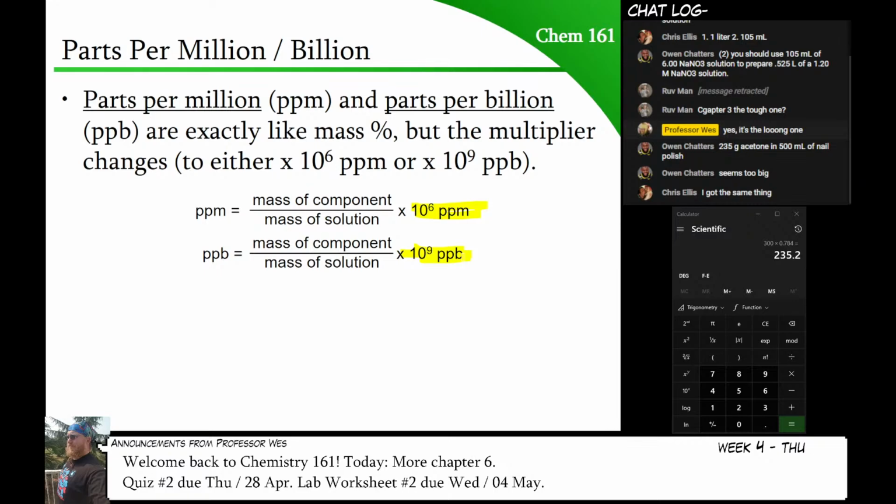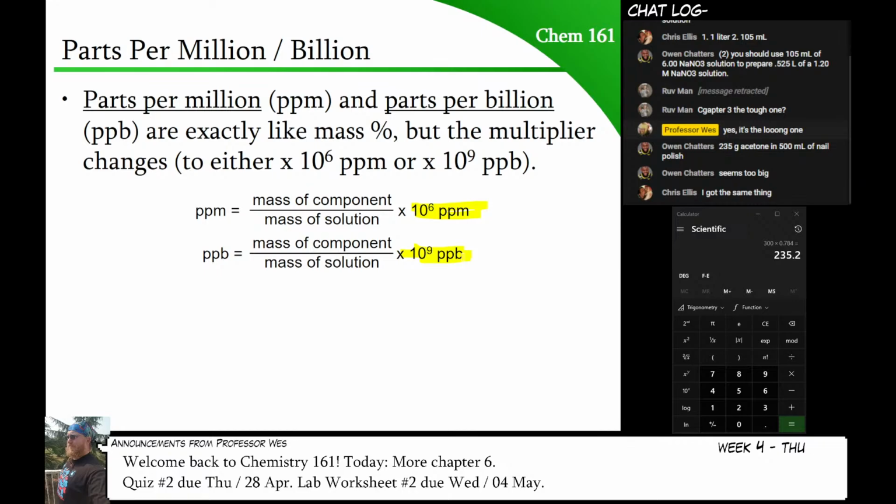For instance, atmospheric CO2 concentration is measured in parts per million because you take a million air molecules, and of those million, some small number that is rapidly increasing, as I say this, is CO2. It's not large enough for a percentage, at least not yet. So parts per million, parts per billion are useful for those applications.